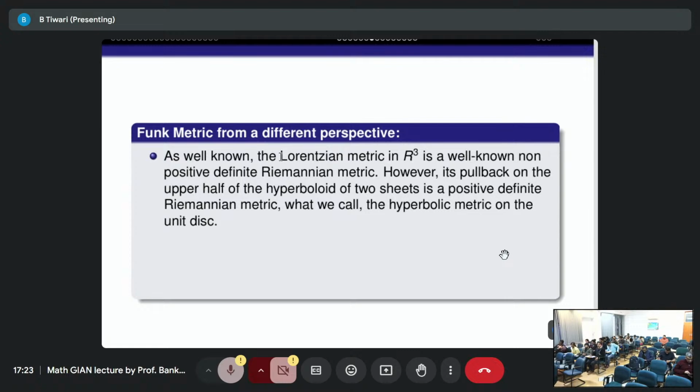It has signature minus 1, then 1 repeated n times. So it's a non-positive definite Riemannian metric. But when you pull back this Lorentzian metric on the upper sheet of the hyperboloid of two sheets, it is actually a positive definite Riemannian metric, what is called the hyperbolic metric on the unit disk. And depending on what immersion you are considering, you can get the Klein metric or the Poincare metric on the open unit disk.